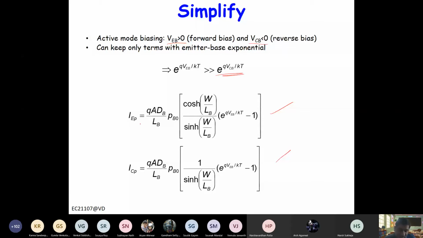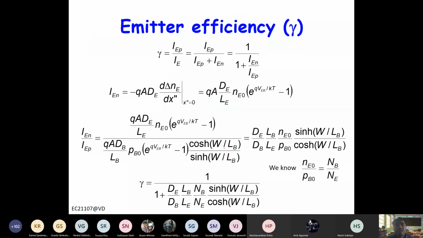Now ICP by IEP is alpha T, right? And that will be only cosh is different, right? Rest is the same. Let's write the expression for emitter injection efficiency. It is IEP by IE, or you can write 1 over 1 plus IEN by IEP. Now IEN, you can recall, is the derivative of electron concentration in the emitter.